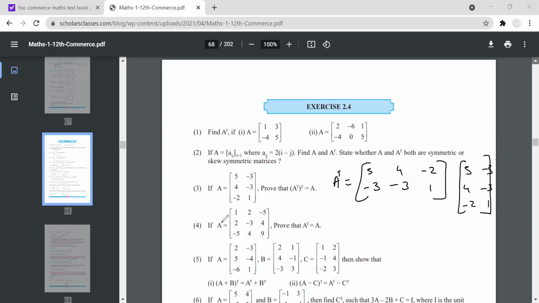Okay. अब यहाँ पे भी यू हैव टू प्रूव A ट्रांसपोज ट्रांसपोज इज A. तो इसका ट्रांसपोज निकाल के, ट्रांसपोज निकालना मतलब क्या? रोज को कॉलम्स बनाना, कॉलम्स को रो बनाना. You have to just do the transpose and see if they are equal.